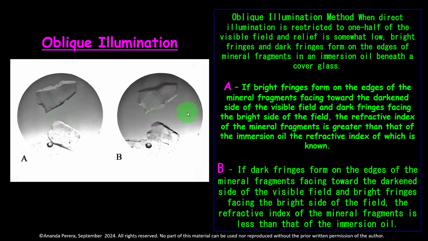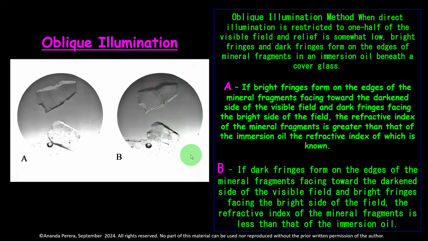If it is B, see the B, if dark fringes from one of the edges of the mineral fragment are facing toward the darkened side of the visible field and the bright fringes are facing the bright side of the field, the refractive index of the mineral fragment is less than that of the oil.